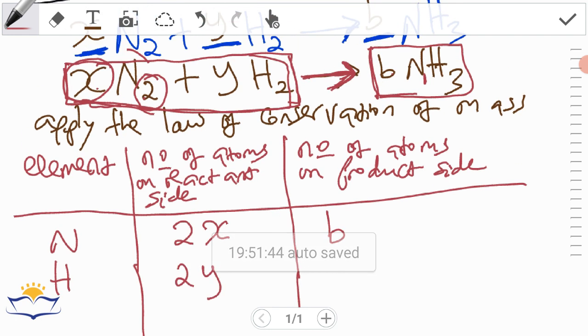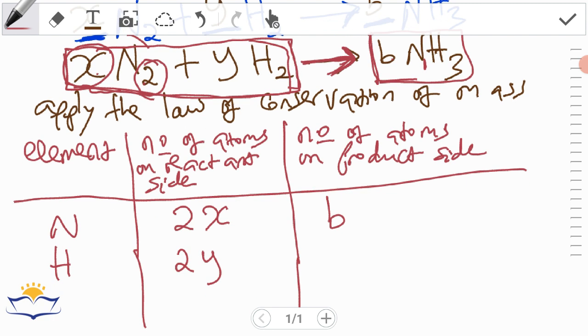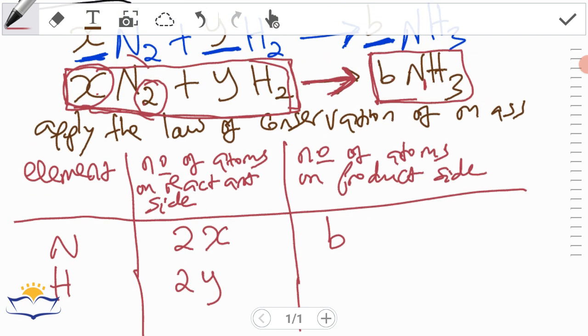Are there also hydrogen atoms on the product side? Which means we can now move forward to the product side. To the product side, number of hydrogen atoms is B for the coefficient times 3 for the subscript. So 3 times B gives us 3B.